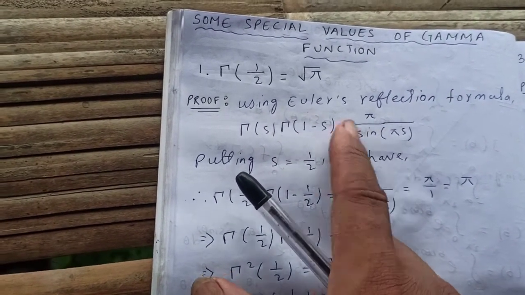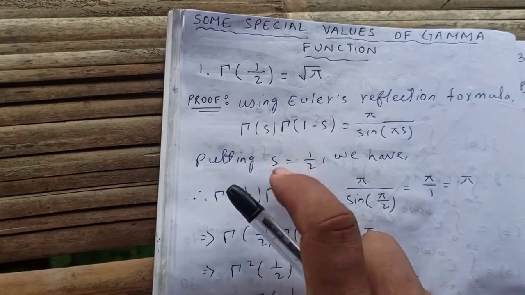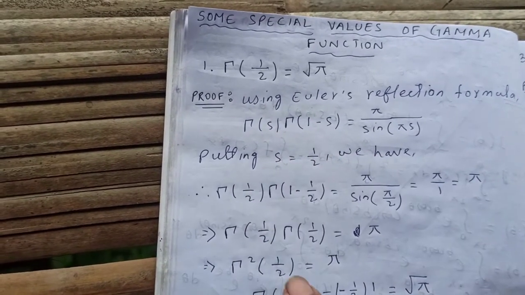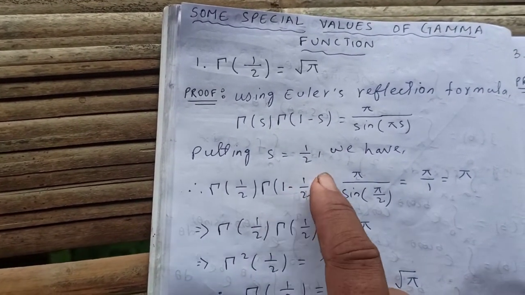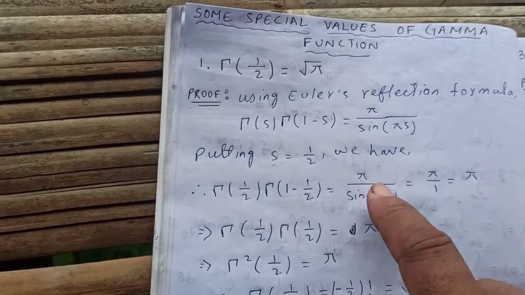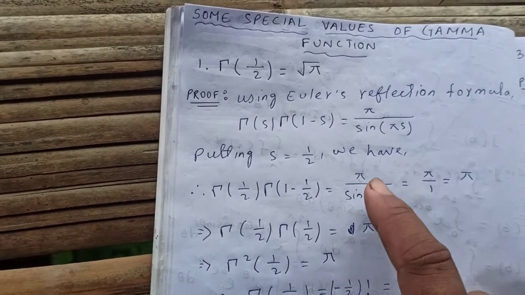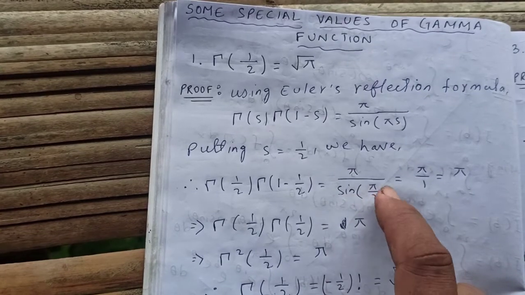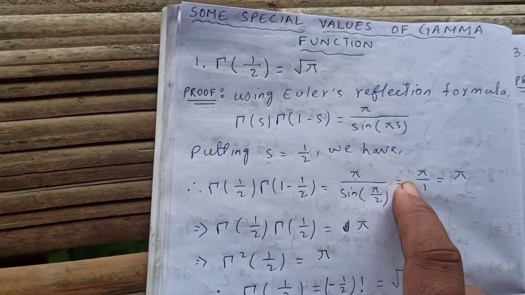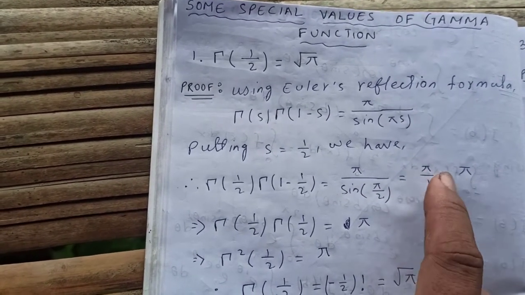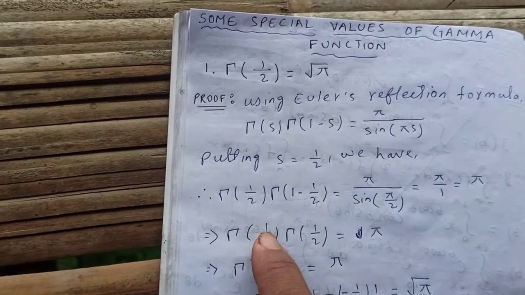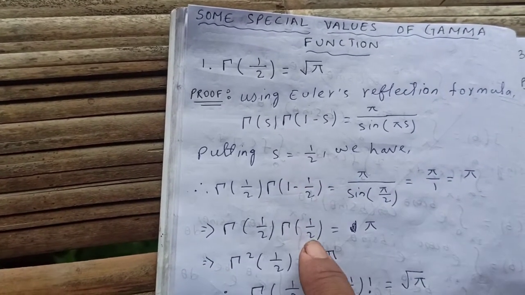Putting s equal to half, we have gamma of half times gamma of 1 minus half equal to pi over sin pi over 2. Sin 90 degrees is just 1, so it is pi. And 1 minus half is again half.